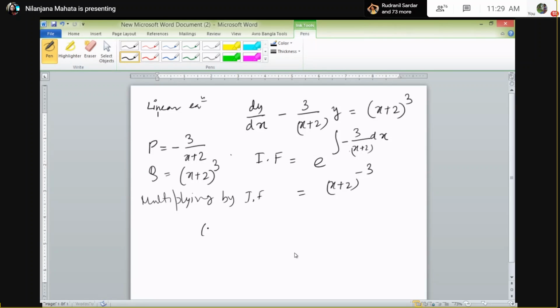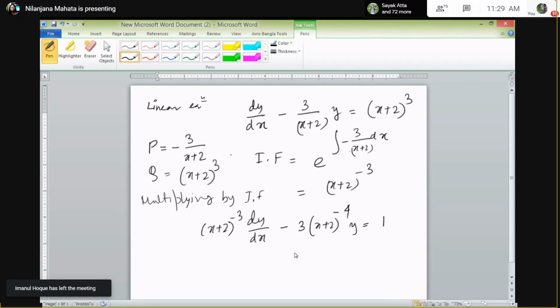What we get, after multiplying this equation, the left side of a linear equation will always be y into IF.